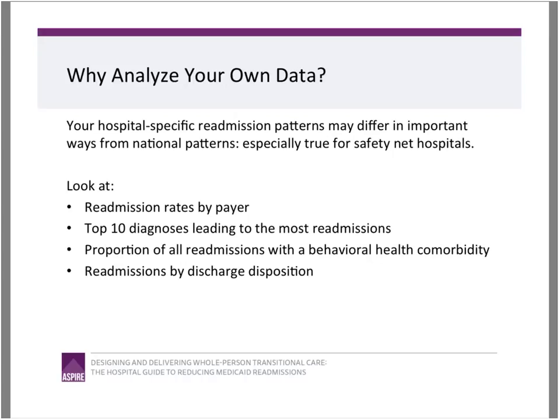Look at the proportion of all readmissions at your hospital that have a comorbid behavioral health condition associated with that, and look at readmissions by discharge disposition. These are just a few ways that you and your readmission reduction team may or may not have looked at readmissions in your organization previously.